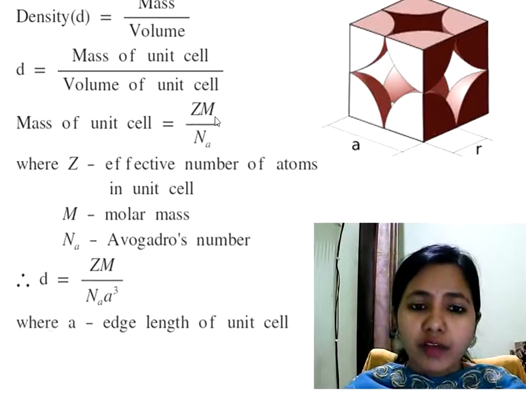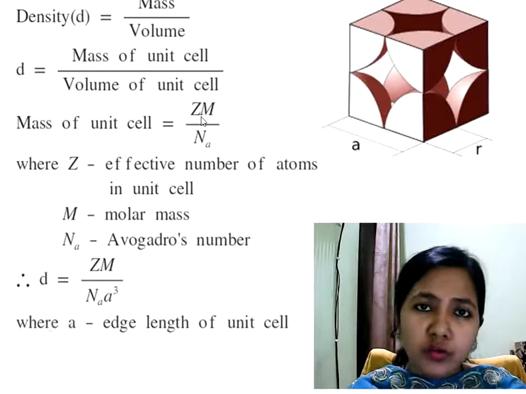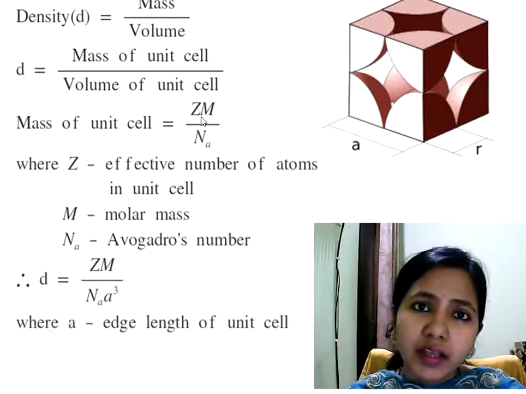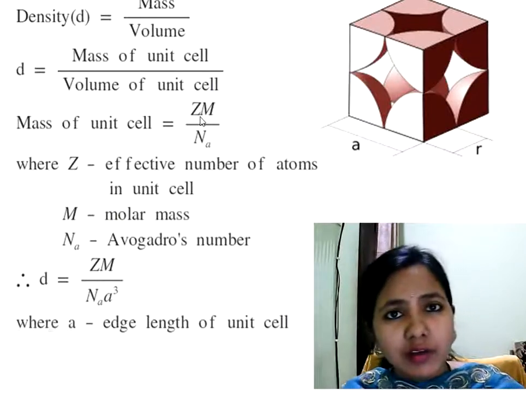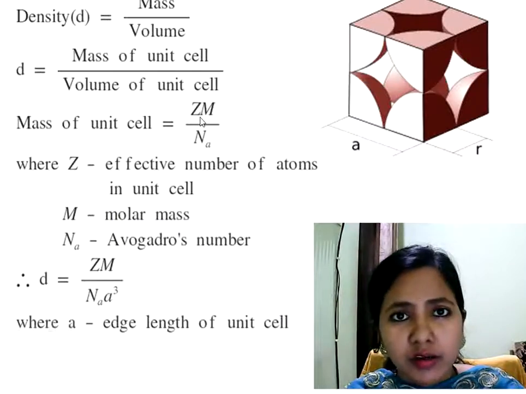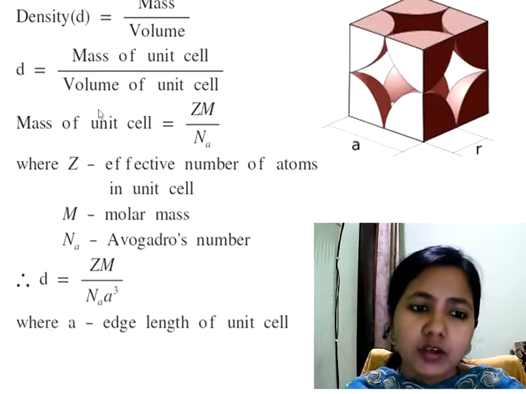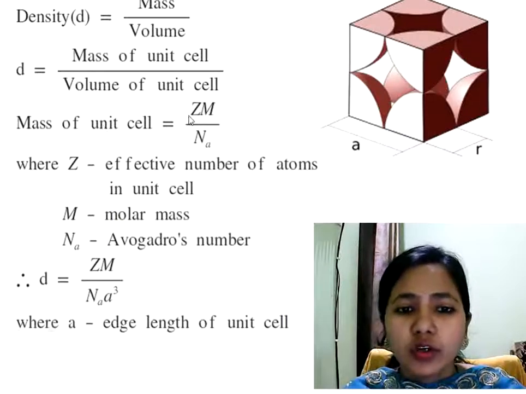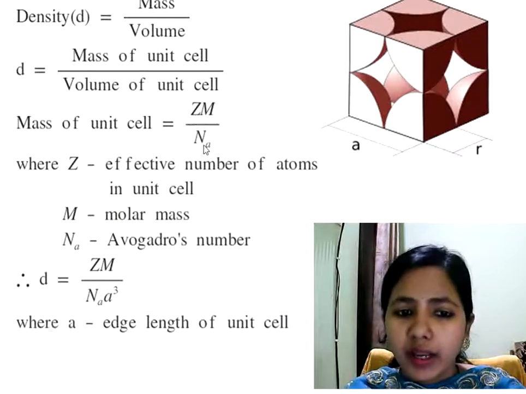In order to do that, we have to divide it by Avogadro's number. What is the value of Avogadro's number? It is 6.022 into 10 to the power 23 atoms, right? So mass of the unit cell is equal to Z into M upon Na.